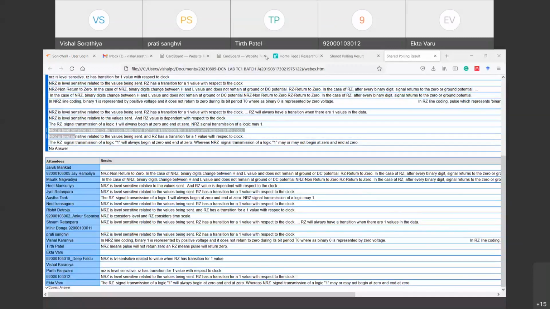So if you can see, there are some of the answers between Neil Kansagra and Rishi Detroja. All the things are going to be the same, just the end is changing over here. T with respect to T. So there are some where only one or two words you are changing and it is similar.